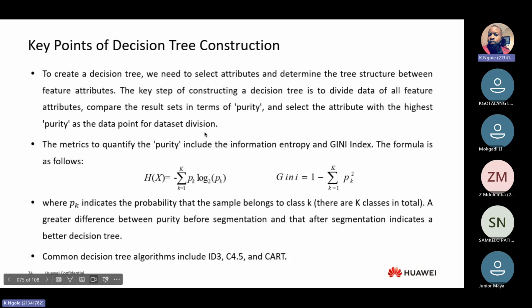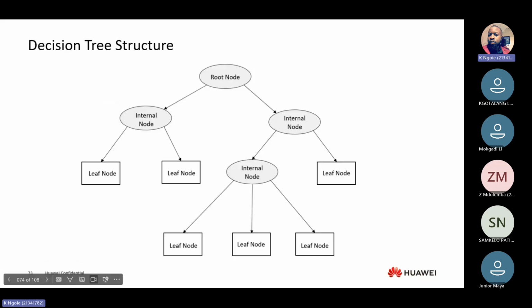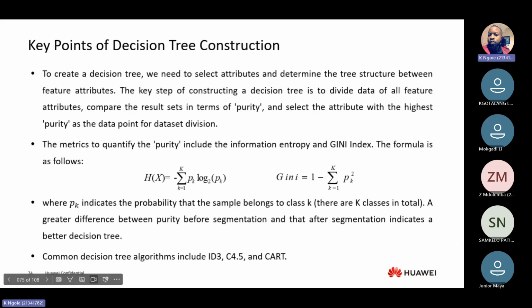All right. So these are some key points of the decision tree construction. The way we construct it, I've spoken about it again. We start from the top, and the top represents the root node. You need to note there are a few decision tree algorithms out there. We have the ID3, the C4.5, and the CART.